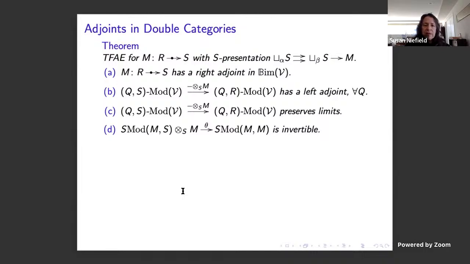So the theorem is the following are equivalent for a bimodule M from R to S, so it's an SR bimodule, which has a presentation. So if you think of it, for rings, which are monoids in abelian groups, every module has a presentation of this form.